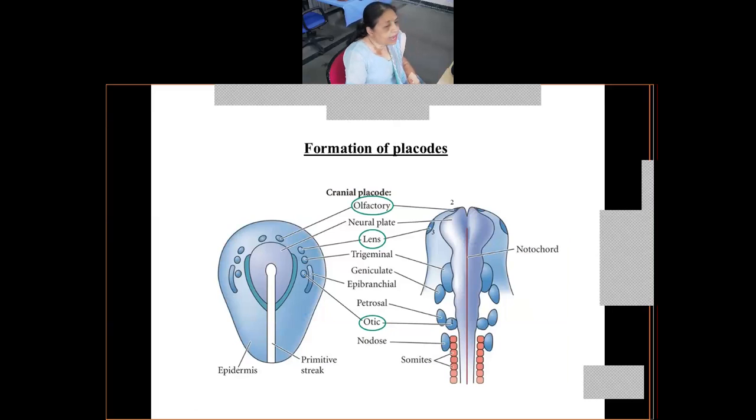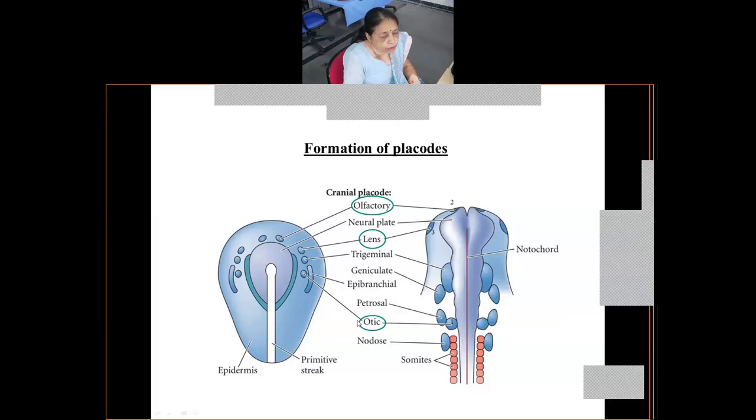Now the placodes are formed. What are placodes? The placodes are ectodermal thickenings by the side of the neural plate. So these are the placodes. The first placode is the otic placode. From these placodes, the sensory organs or the sensory ganglia are developed. About 8 placodes appear by the side of the neural plate.